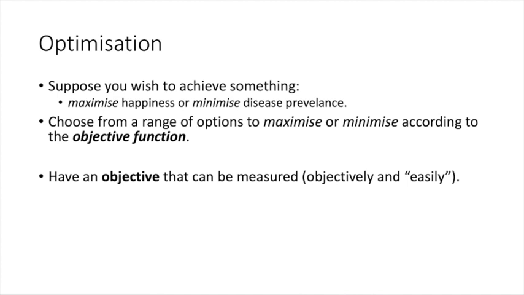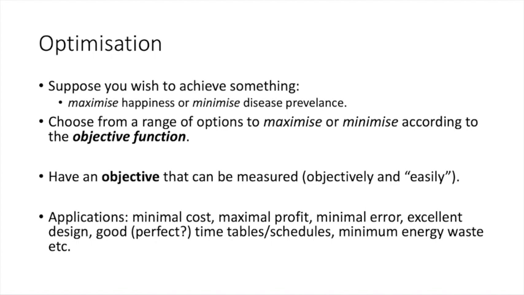That is, we should be able to check if we are now at a better stage than before or not. Also, it helps if it is easy to compute that objective, otherwise the optimization process can become slow, unreliable, or even impossible.